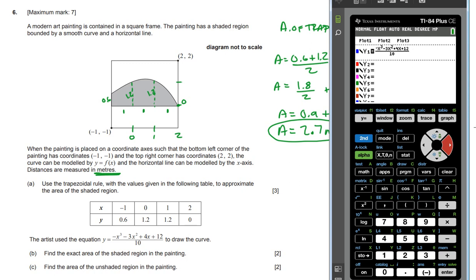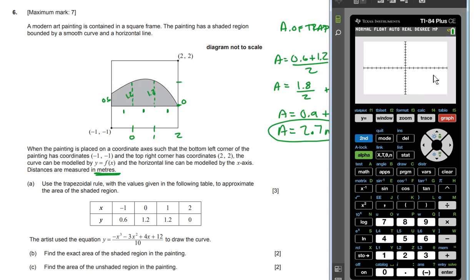Now we hit graph, and hopefully your graph will look like this. If it doesn't, you're going to want to hit zoom standard, and it will automatically default to doing a 10 by 10 window. Okay, so it's taking its own sweet time here to graph. But there it goes. This is the graph of this equation.